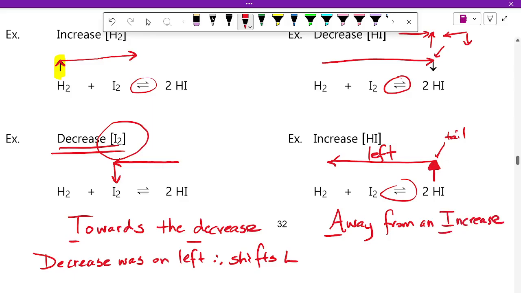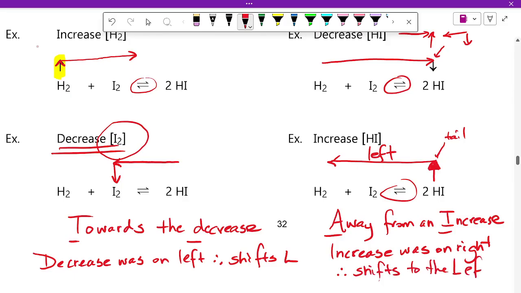The increase was on the right, and therefore it shifts away from the right, which is to the left. Okay, so that's how Le Chatelier predicts it.